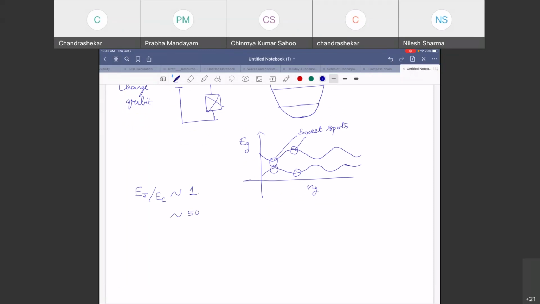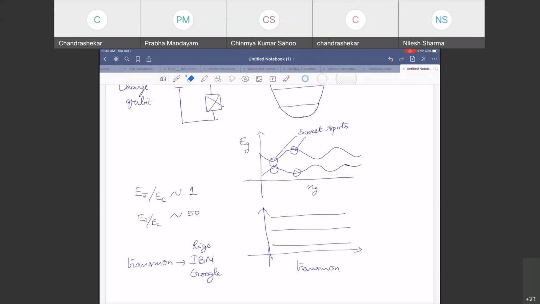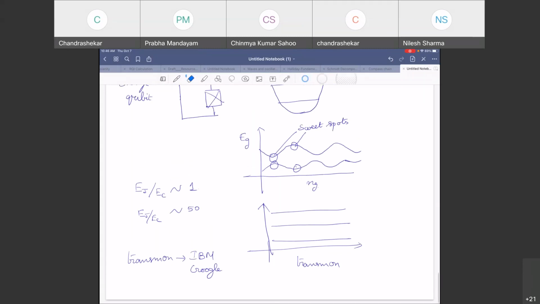If you take this to the order of 50, instead of being so wavy, the energy levels flatten out like this. This is what is called a transmon qubit. A transmon is a special kind of charge qubit, and IBM and Google both use transmon qubits. Rigetti also uses them, I'm not sure.